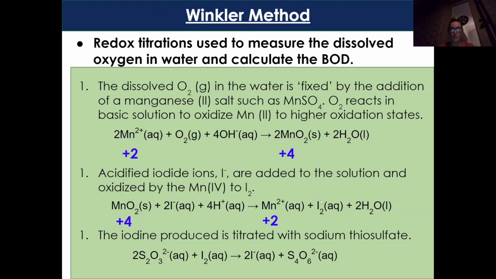So we use manganese sulfate in this case. Iodine and manganese dioxide are in a 1-to-1 ratio. So the moles of iodine is equivalent to the moles of manganese dioxide. And then we have 2 moles of manganese dioxide for every 1 mole of oxygen. So again, in a 2-to-1 ratio.